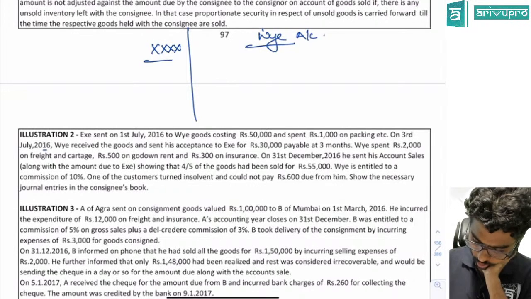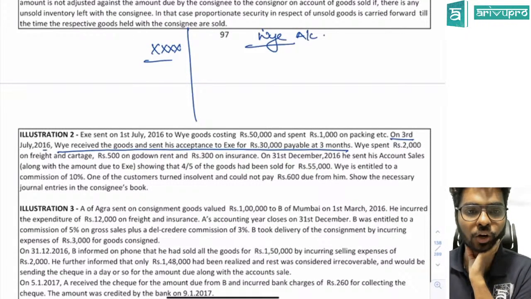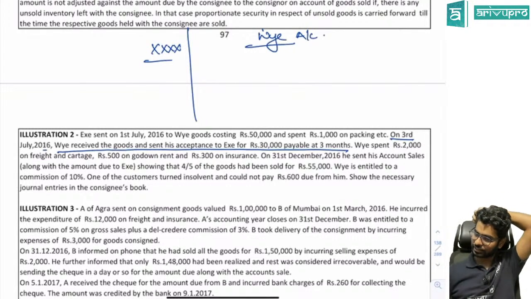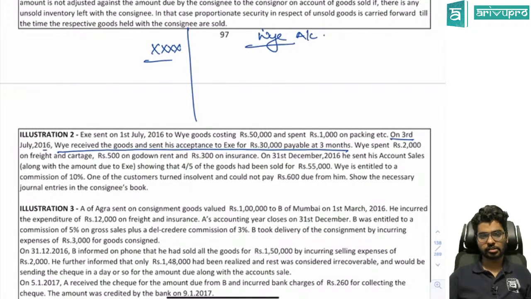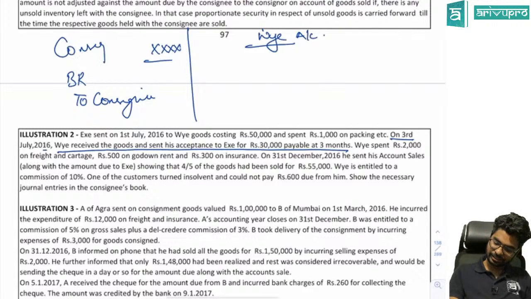Second one, on third, Y received goods and sent his acceptance payable after 3 months. What was the journal entry I wrote in the books of consignor? Bills receivable to consignee in the books of consigner.